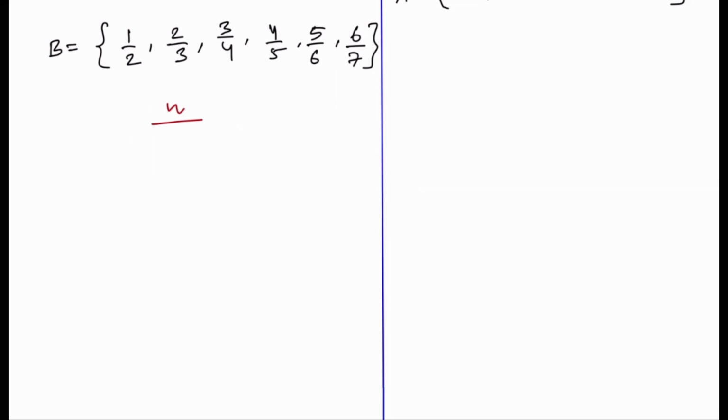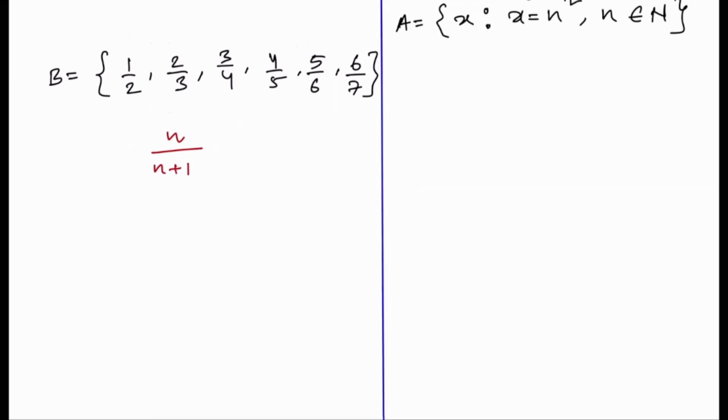The denominator will be the numerator plus 1, so the denominator will be n plus 1. So that is the rule, and we will write this in the set builder form. Set B will be equal to x is an element of B such that x is equal to n divided by n plus 1.